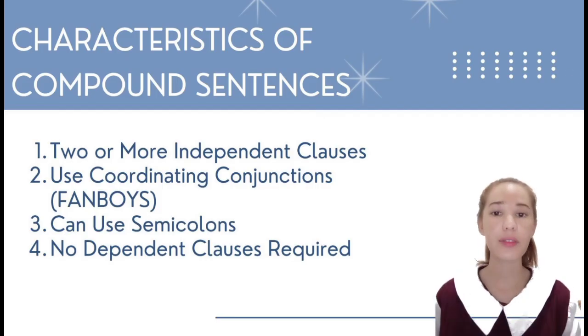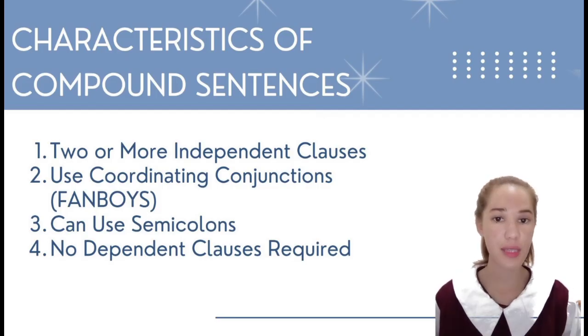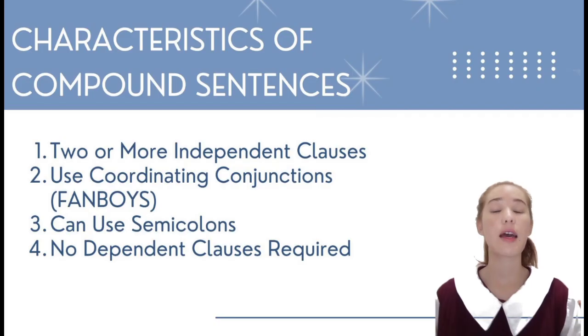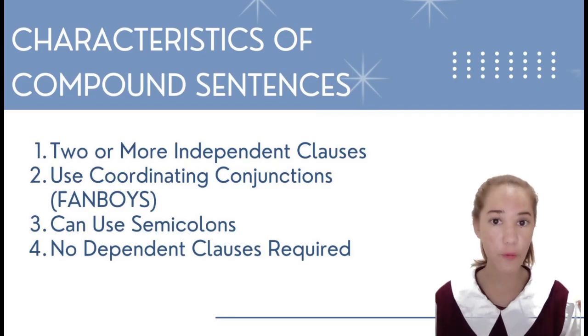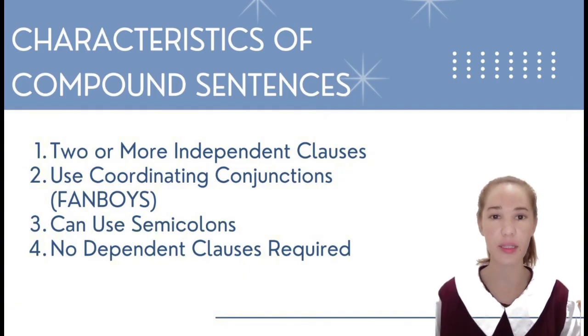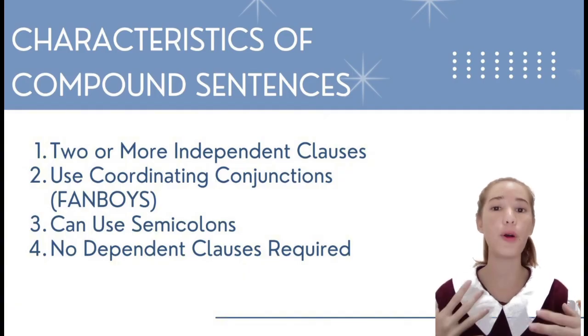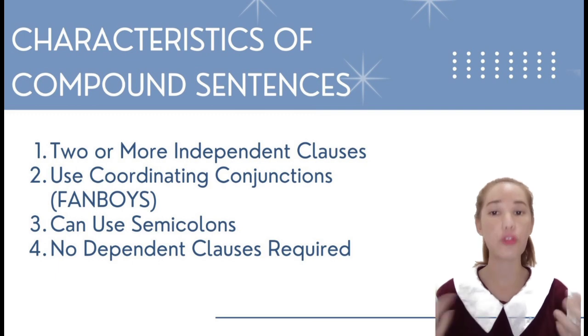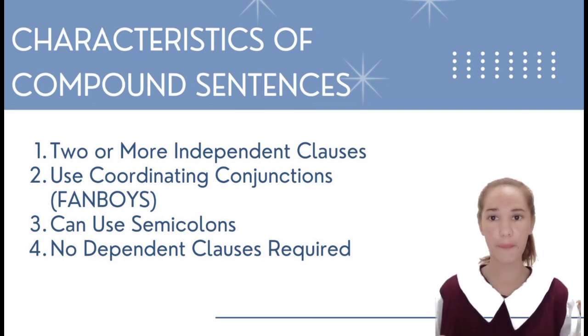Next, the third characteristic of compound sentences is that they can also be formed using a semicolon instead of a coordinating conjunction. A semicolon is a punctuation mark that looks like this, a dot on top of a comma.